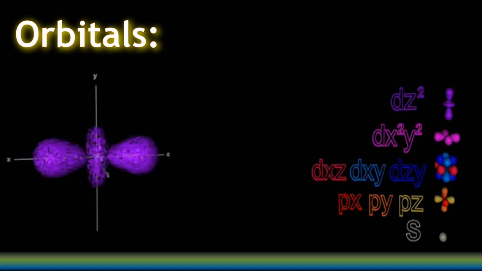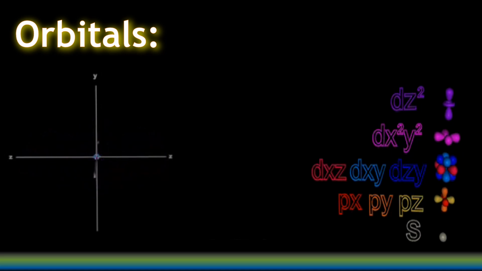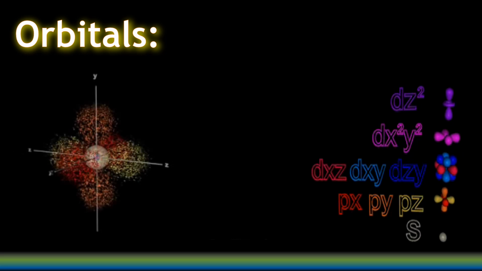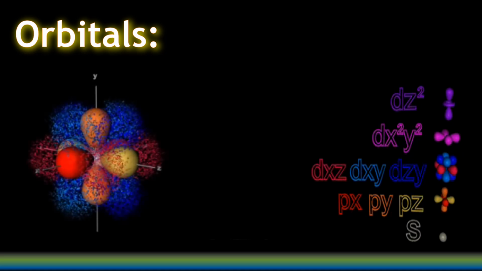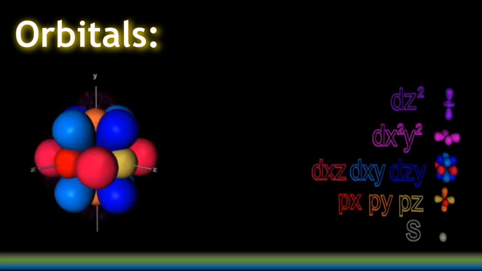Now, if we could keep going with this animation, check it out. The different shapes are what allows them to share the space. There's your s orbital, and then we see how the three p orbitals fit around the s orbital, and then we start fitting in the d orbitals with the different shapes.